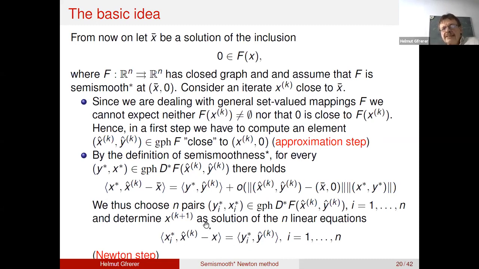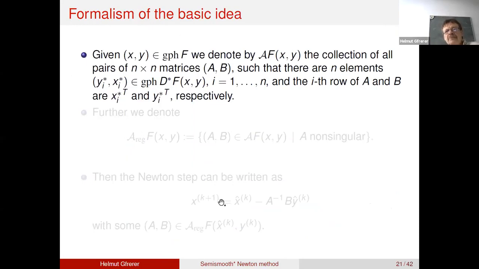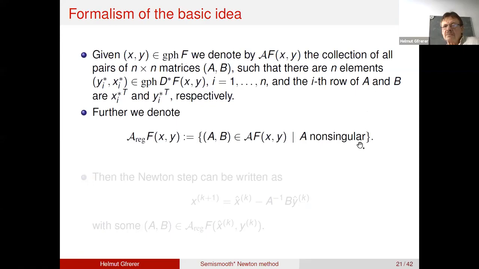Let us formalize this procedure. We introduce for a given point (x, y) the set A_F(x, y) as the collection of all matrices A and B such that the rows of A and B are given by elements y_i star and x_i star belonging to the graph of the coderivative of F. Since we want to solve a system of linear equations, we require that the matrix A should be non-singular.